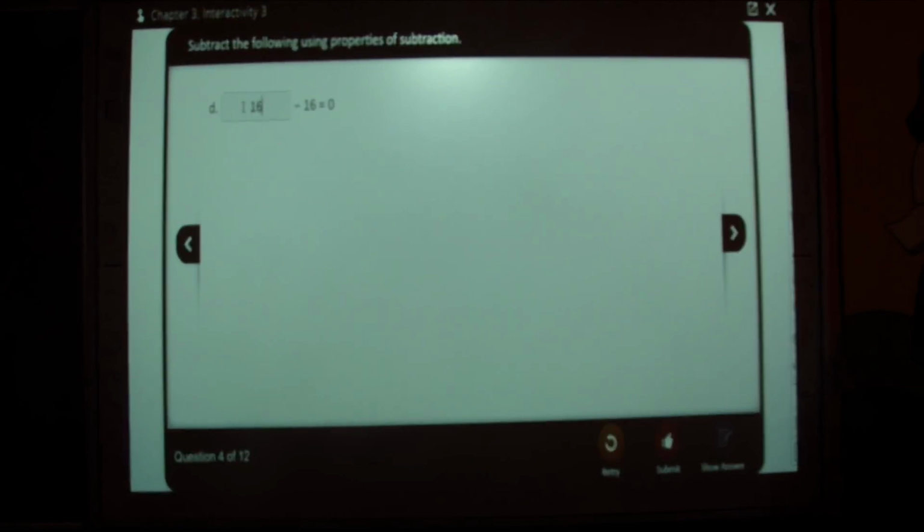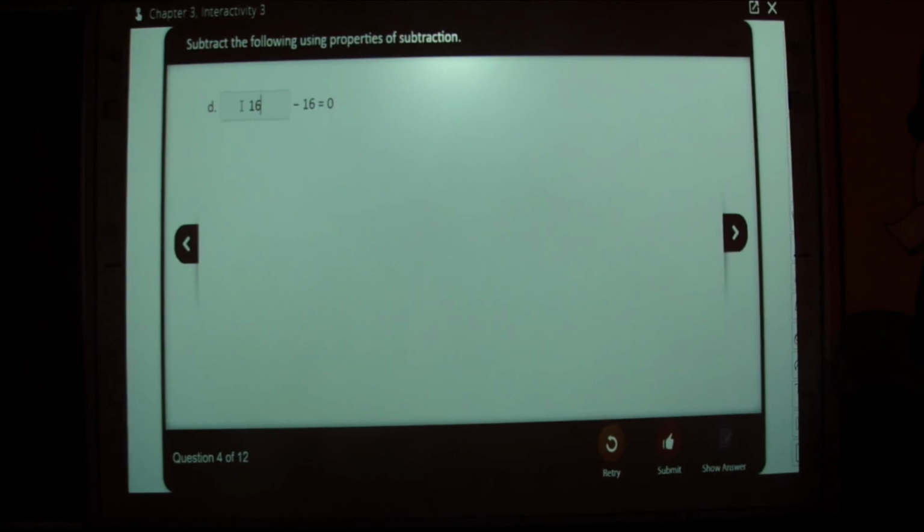It is an itself property. 16 minus 16 is equal to 0. The next one, 26 minus 0. 26 minus 0 is equal to 26 because it is a 0 property. 26 minus nothing is equal to 26.